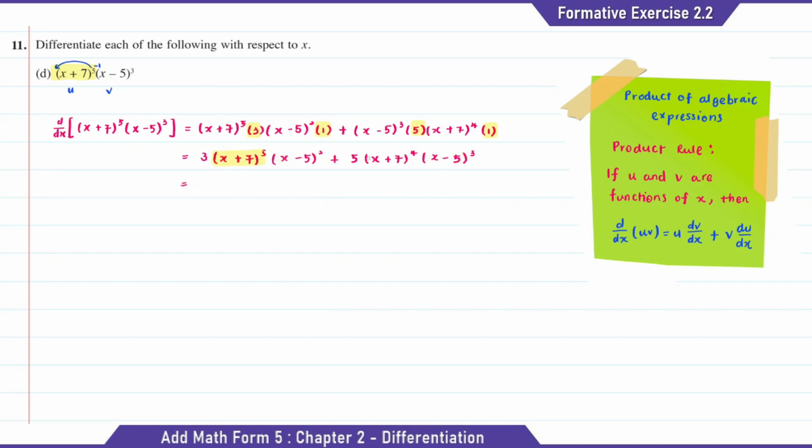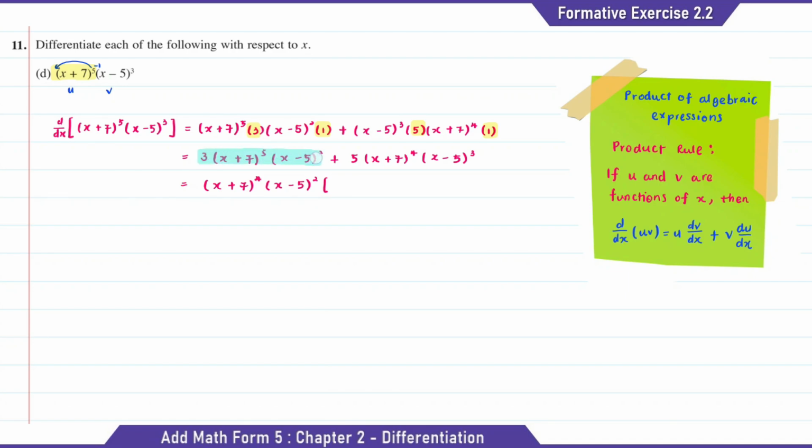So first, look at the bracket x plus 7. The common factor will be x plus 7 with a lower power here, which is going to be 4. As for x minus 5 here, the common factor will be x minus 5 with a lower power, which is going to be 2. So now we can start factorizing this.